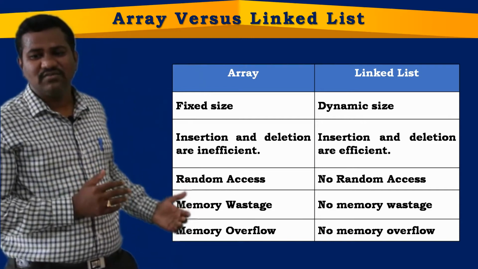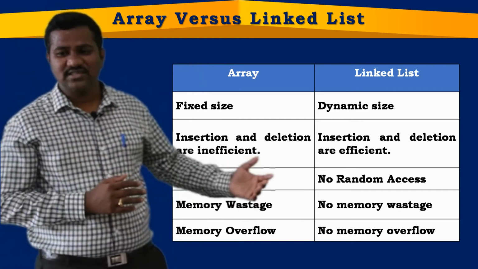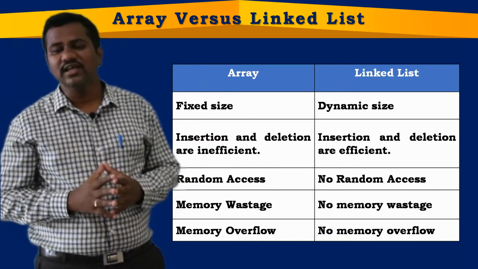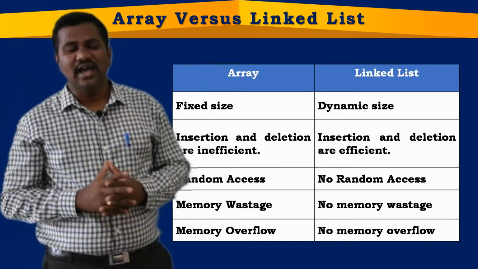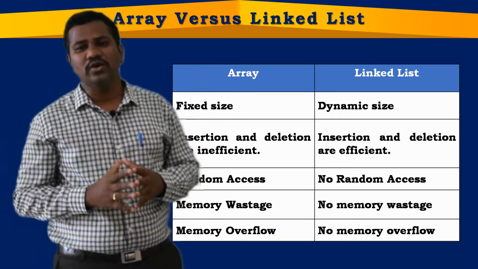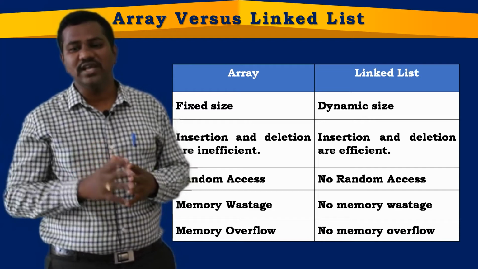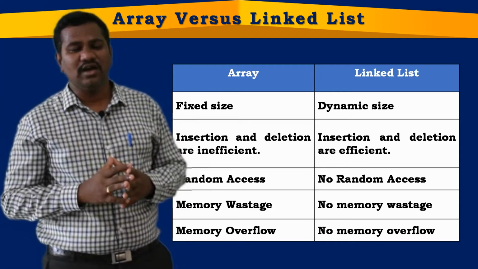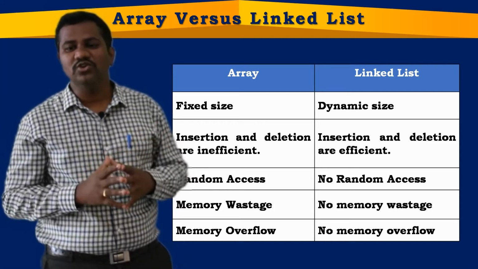There is memory wastage in arrays, whereas in linked lists, there is no memory wastage. Suppose in an array, you take the size of the array as 100, and when executing the program, we are in a position to store only a maximum of 20 elements. Then the memory for 80 elements is going to be wasted.